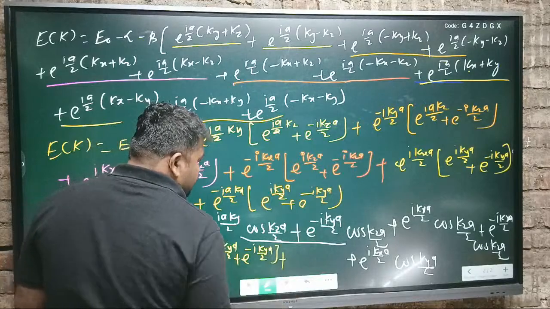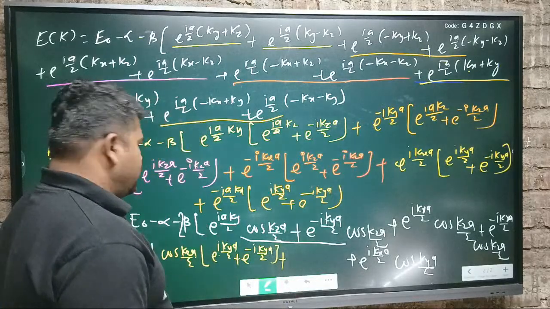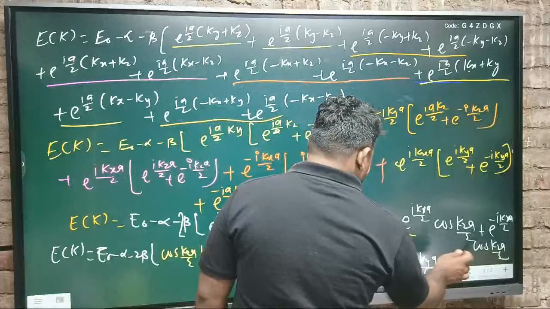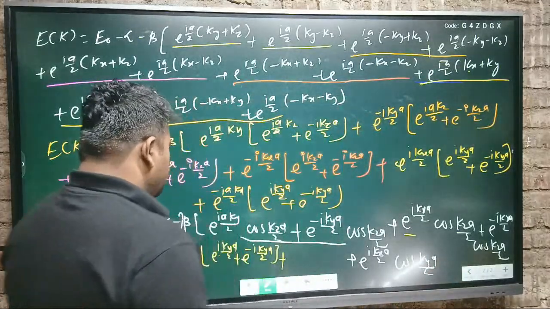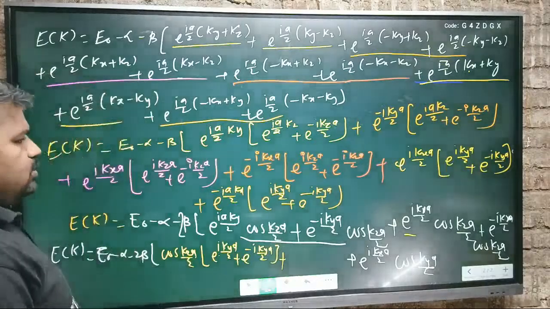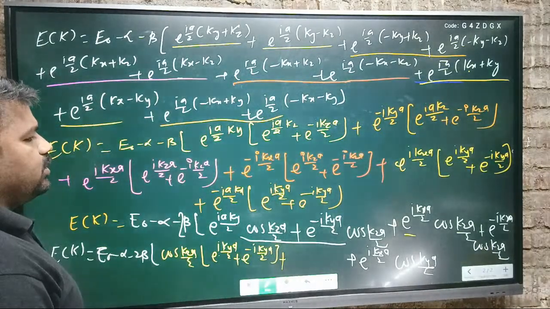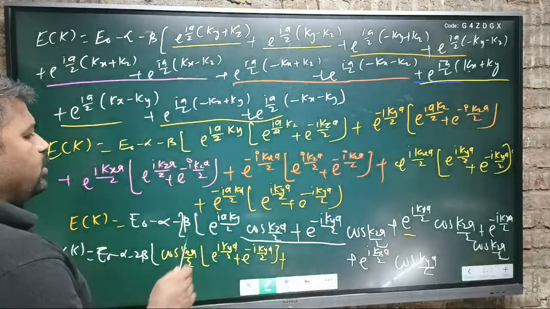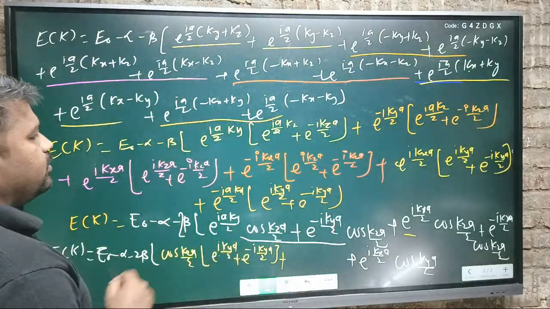Okay. These two terms over. From this, okay, one term is missing. 1, 2, 3, 4, 5.